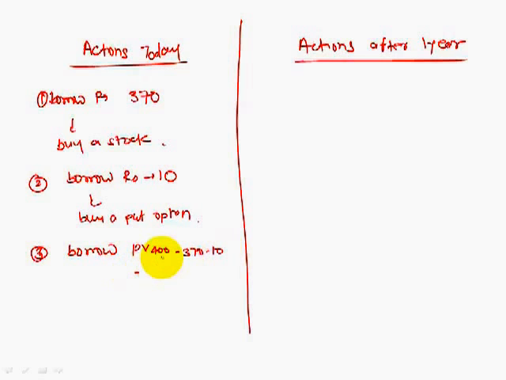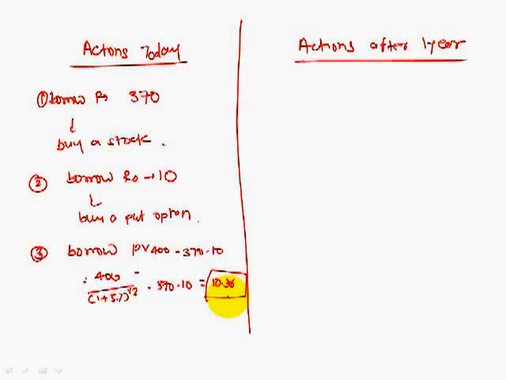Calculate the present value of 400: 400 divided by 1 plus 5% raised to 1 by 2, minus 370 minus 10. That is 10.36. So keep this 10.36 rupees with yourself.